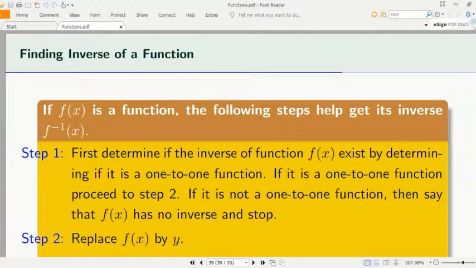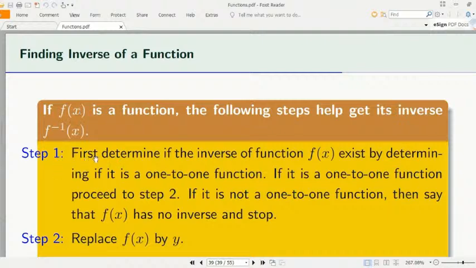Now we go back to the inverse of a function. Remember, we began by looking at what a one-to-one or injective function is. We are now ready to go back and determine the inverse. If f of x is a function, then the following steps are used to get its inverse.